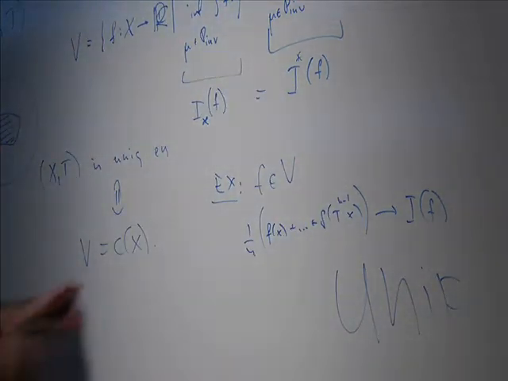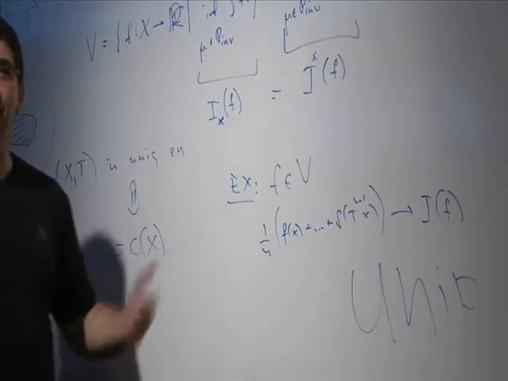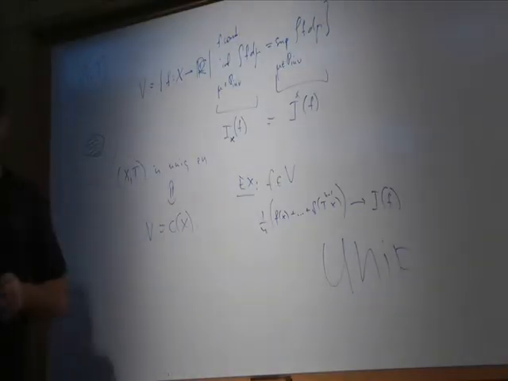So you can also look at those functions for which this conclusion holds and call them uniform functions. This is also a closed vector subspace of C(X).